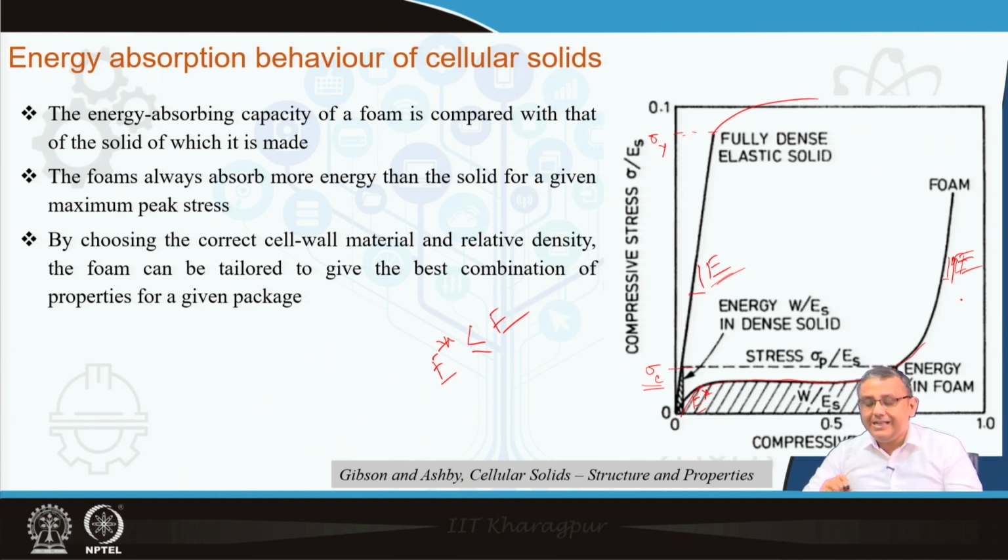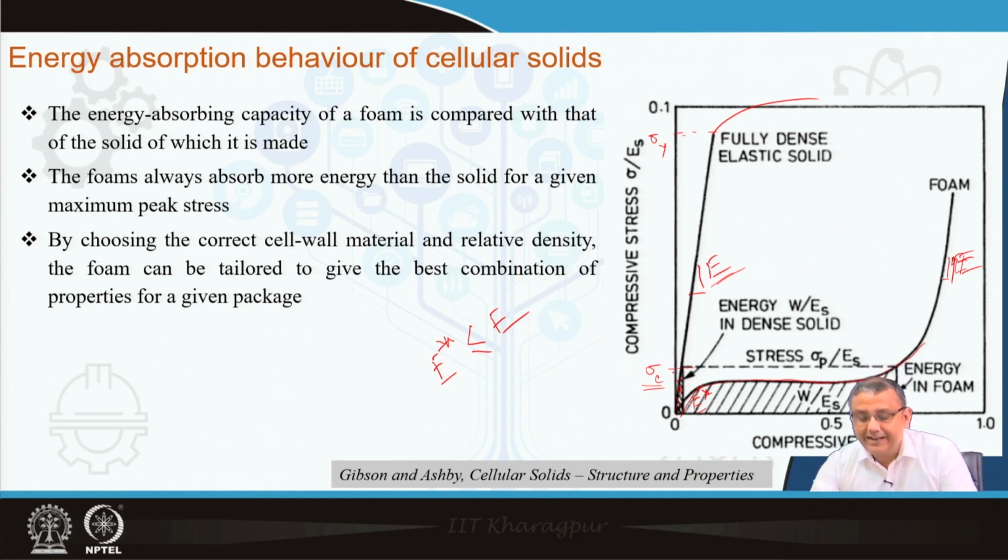Now, the important thing is that we defined our sigma c as the critical point over here. So, we also learned that at this sigma c, for the bulk material, when it is compressed, we only have this hatched region, only this much energy will be absorbed, because the bulk material is still undergoing elastic deformation, there is no plasticity. So, only this much amount of energy will be absorbed.